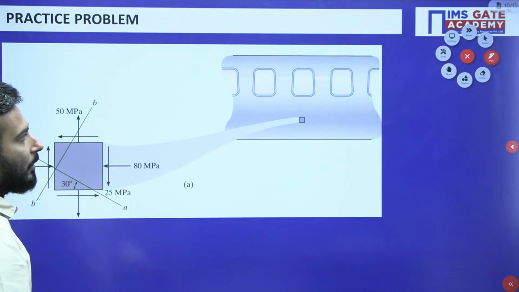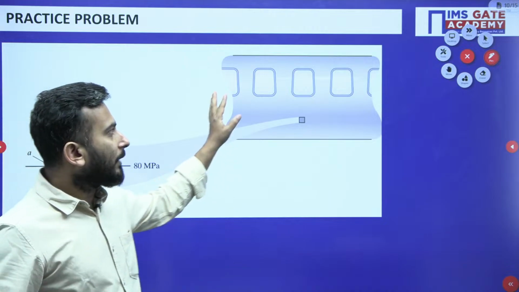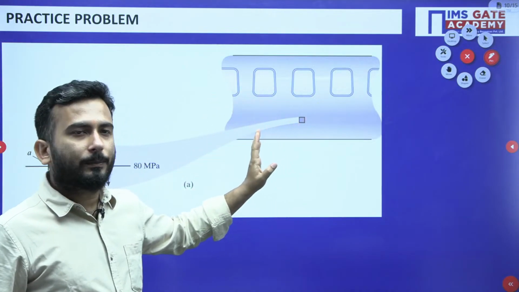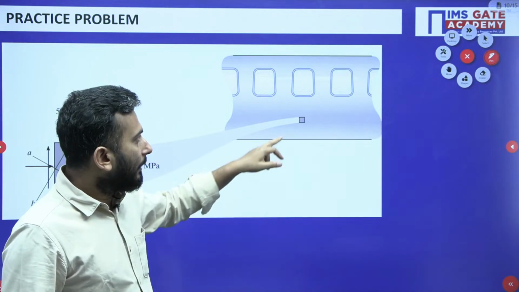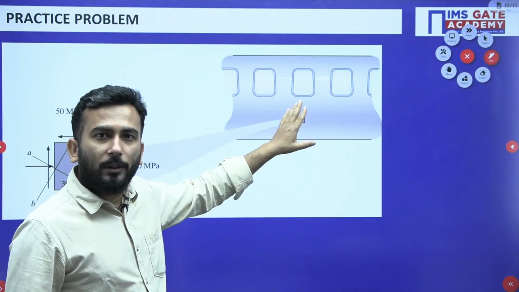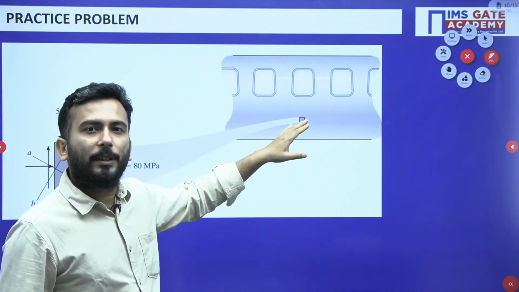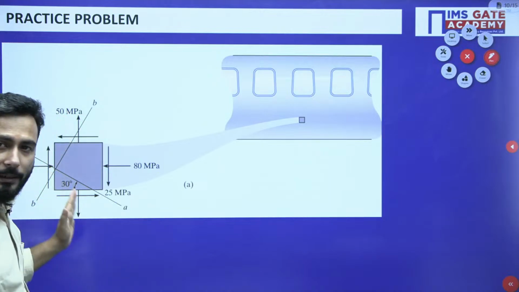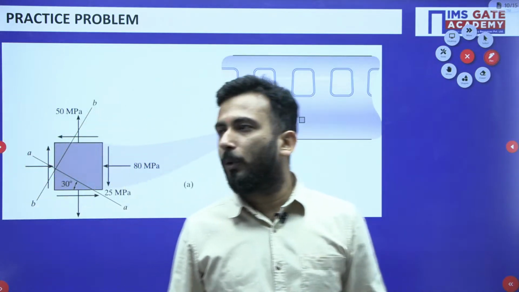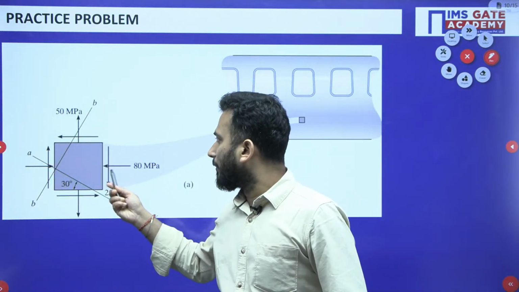Assume that this is the train compartment and you are doing a journey in this train. One element on the surface of this train, assuming it's a plane stress condition, I have taken, and this is the stress distribution, the stress components shown on this face.